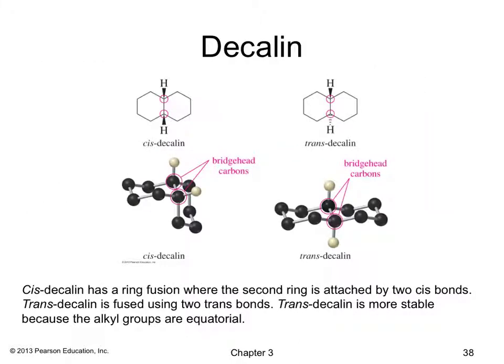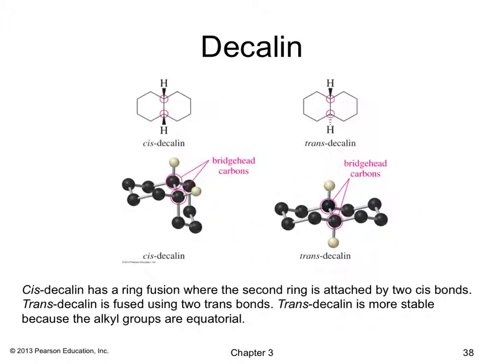So decalin is the final structure shown here. You can have it as cis and trans decalin, cis on the same side, trans on the opposite. You should use your models to actually build these structures. In the case of cis decalin, you have your chair conformation fused to another chair conformation. In one case, the H is equatorial, in the other case, the H is axial.